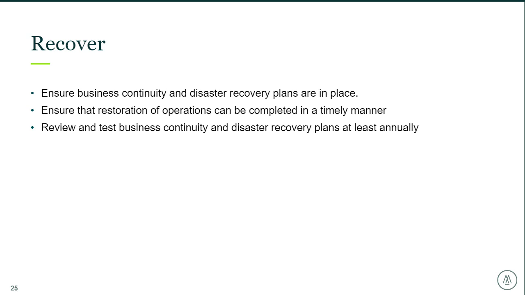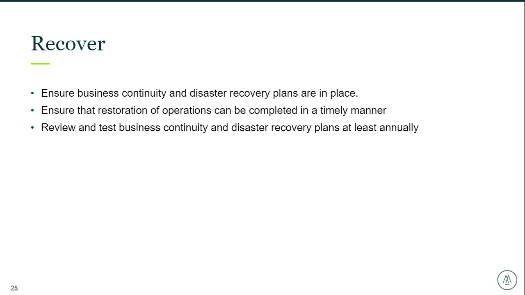Those response plans then tie into your business continuity and disaster recovery plans. Your business continuity plans really detail what the business is going to do to stay operational. Are there certain departments that can work off of paper if the electronic systems are not available? Great, then what are the steps they would take to do that?